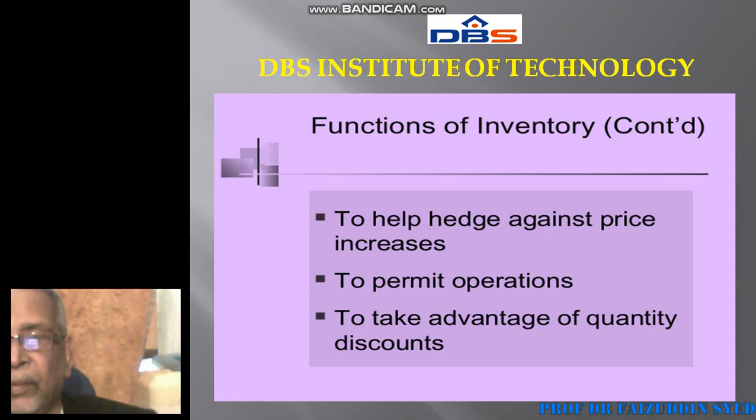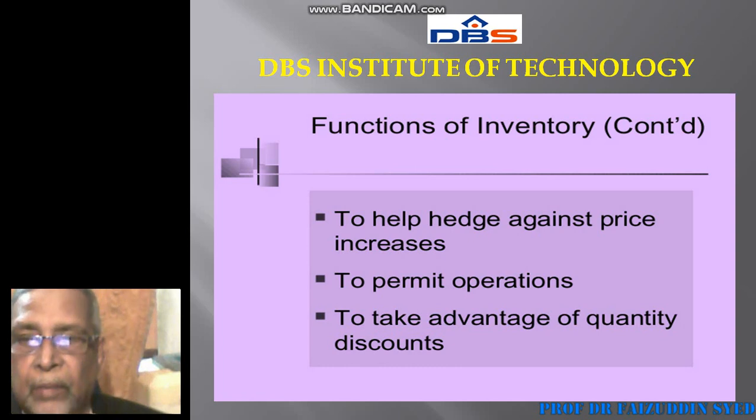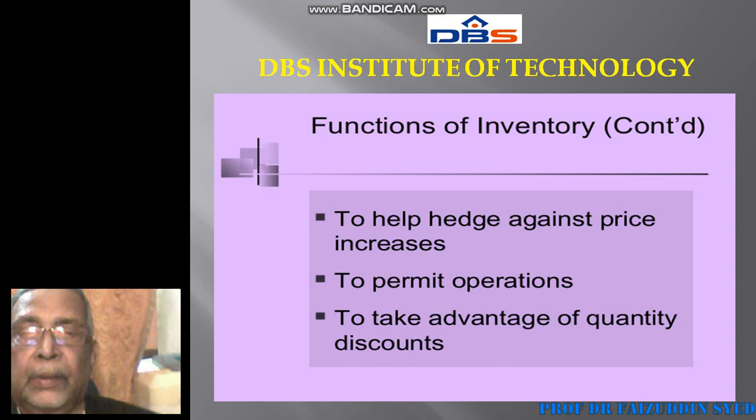Another function is to permit operations. Always you should have the stock of material in the stores and warehouses, so that we can always permit the operations. Another thing is we can take advantage of quantity discounts.